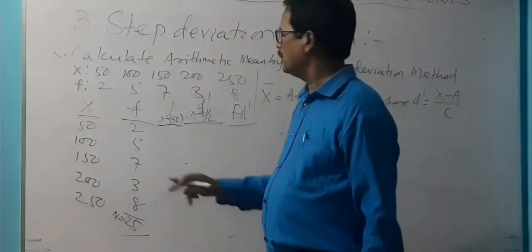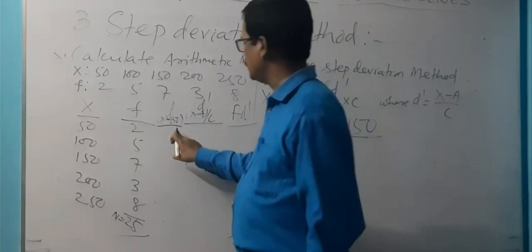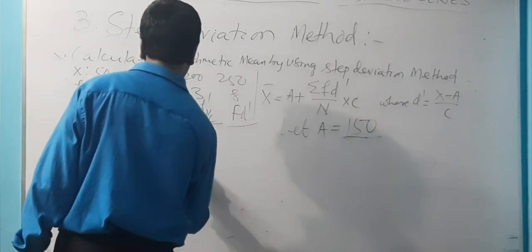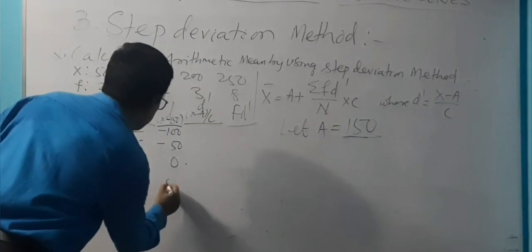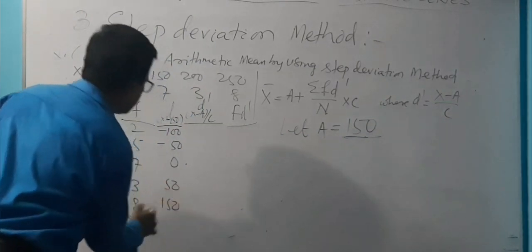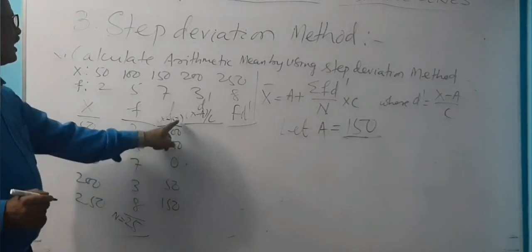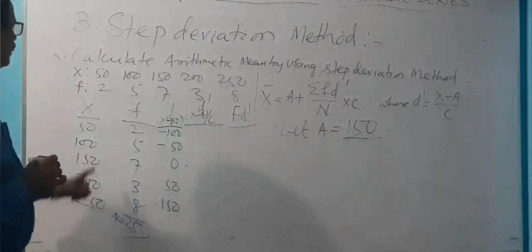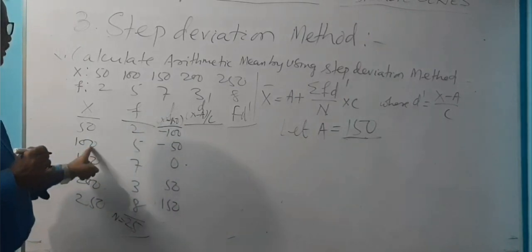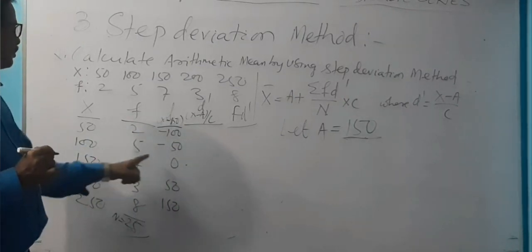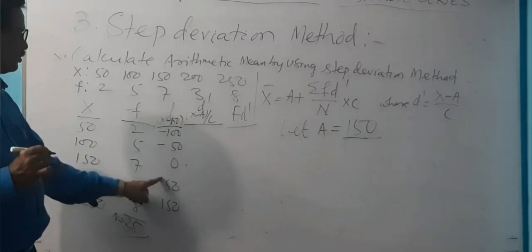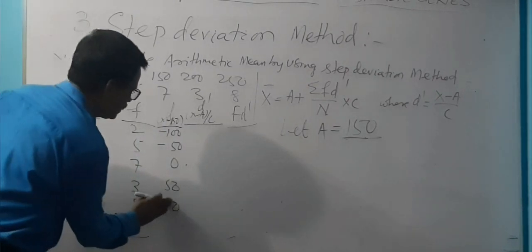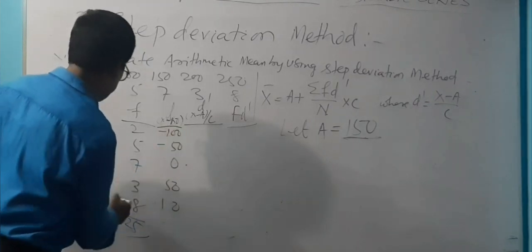So how much? 50 minus 150, that is minus 100. 100 minus 150, minus 50. 150 minus 150, 0. 200 minus 150, that is 50. 250 minus 150, that is 100.